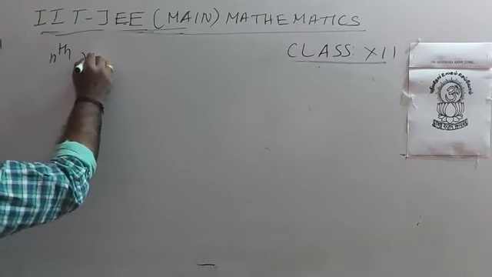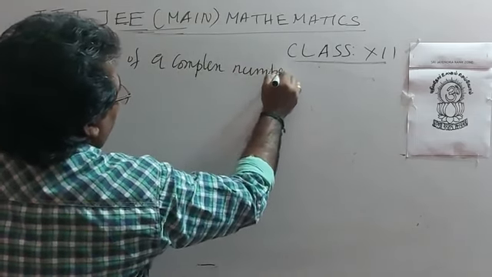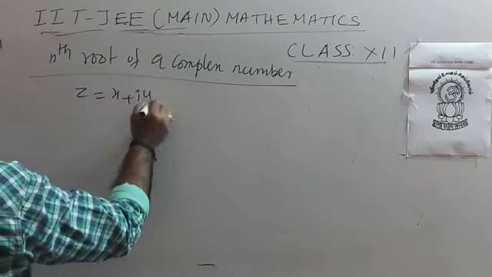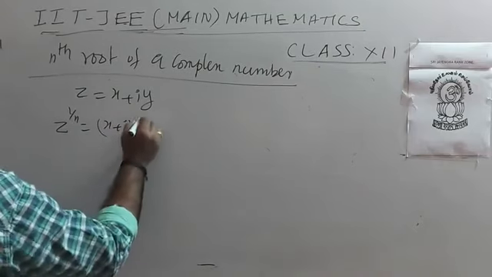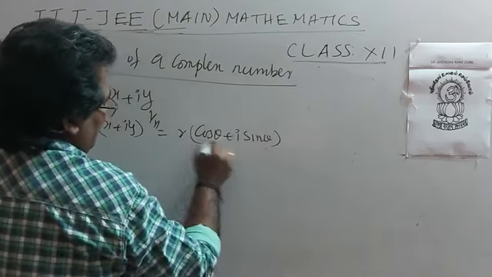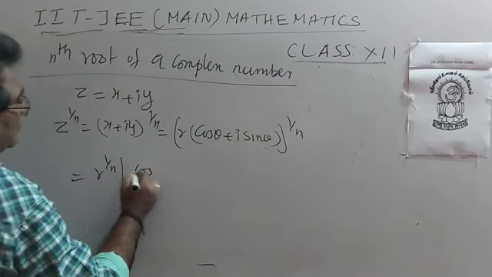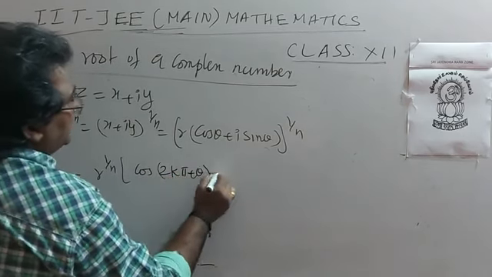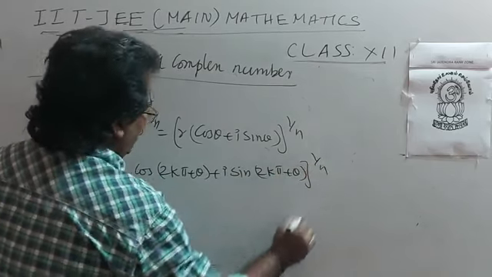Next, nth root of a complex number z equals x plus iy. z power 1 by n, that is (x plus iy) whole power 1 by n, that is r into (cos theta plus i sin theta) whole power 1 by n, r power 1 by n cos, adding 2k pi with the argument, there is a rule, plus i sin (2k pi plus theta) whole power 1 by n.